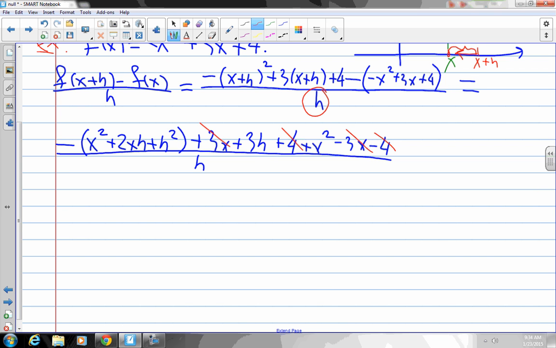Those are gone. So I'm going to distribute the negative, so we'll get negative x squared minus 2xh minus h squared plus 3h plus x squared all over h. So the squares cancel. Negative x squared, positive x squared.